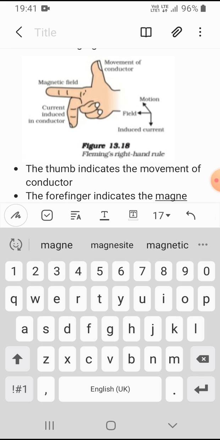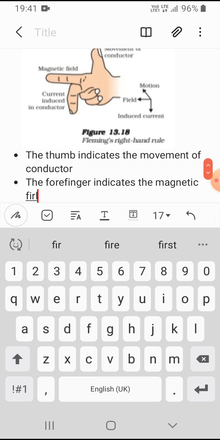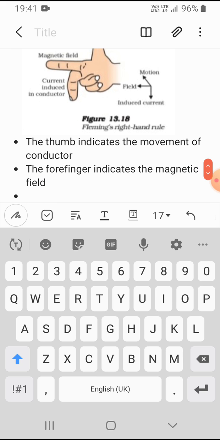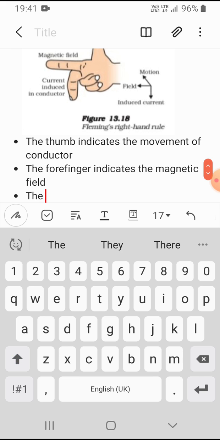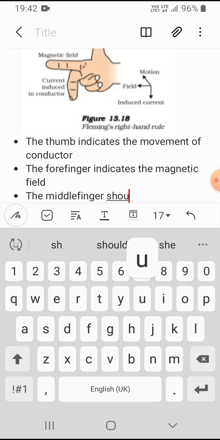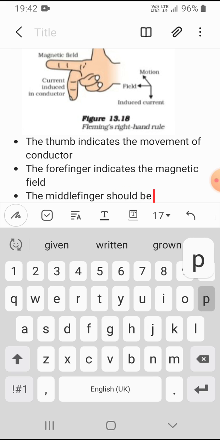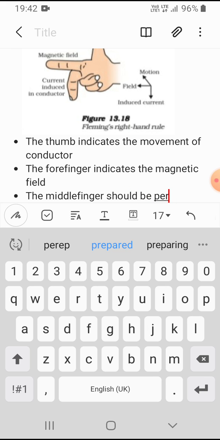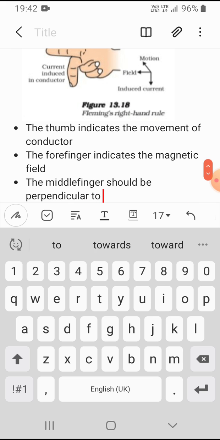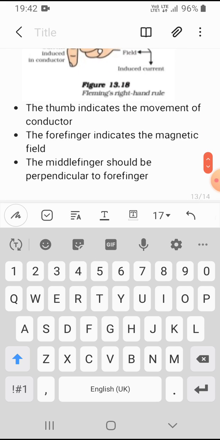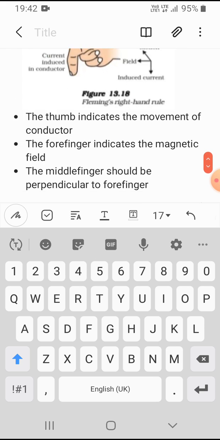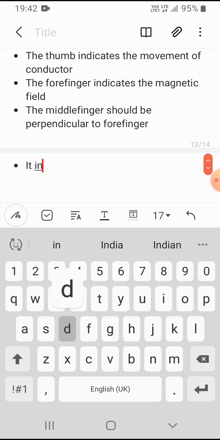As I said, the middle finger should be perpendicular to the forefinger, and the middle finger indicates the induced current.